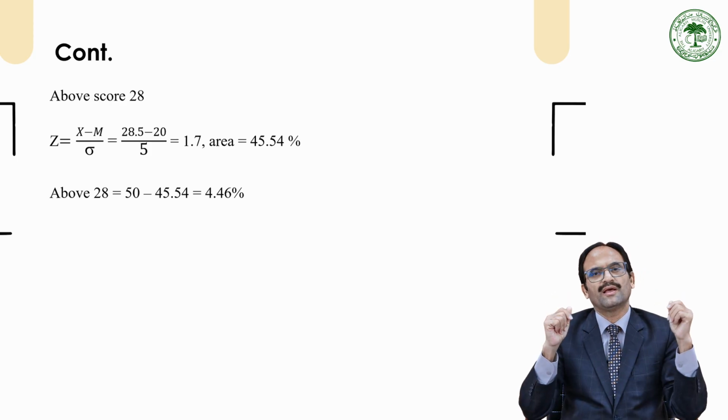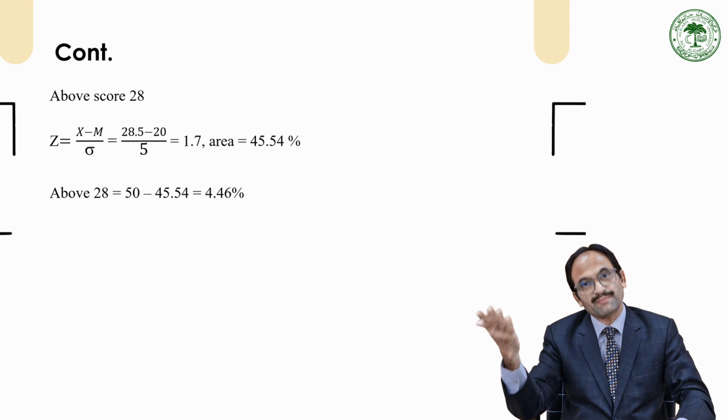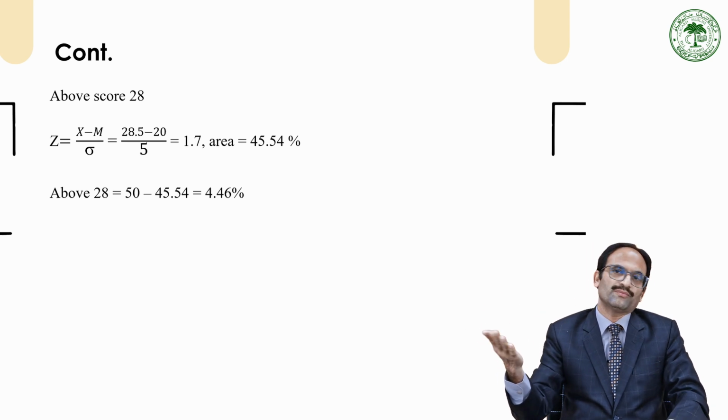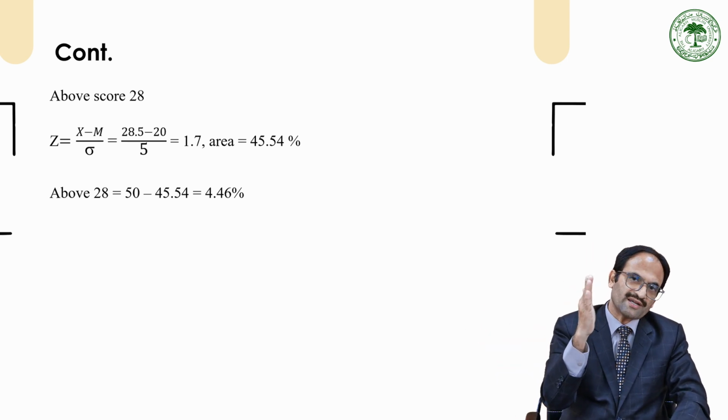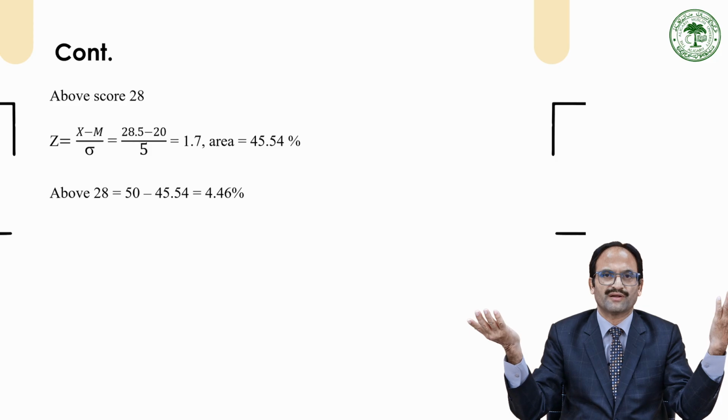If you have to calculate above some particular score, you have to subtract 0.5 in order to get the z-score. After getting the z-score, see the area and subtract it from 50, so you will get the required percentage of cases.